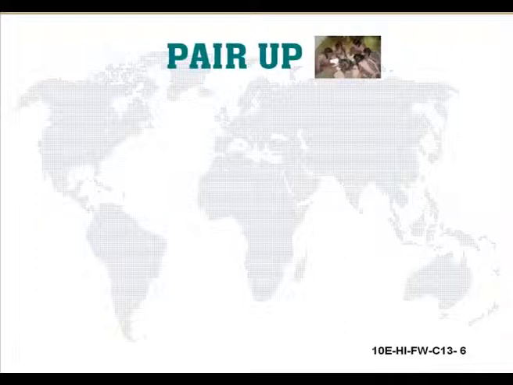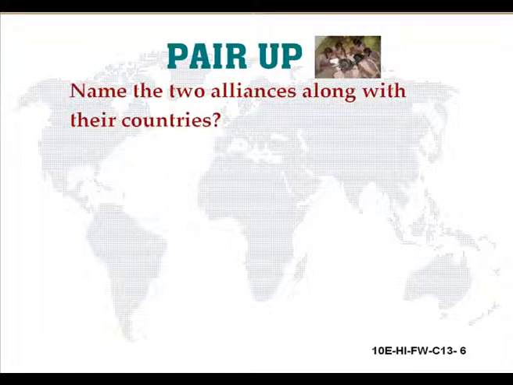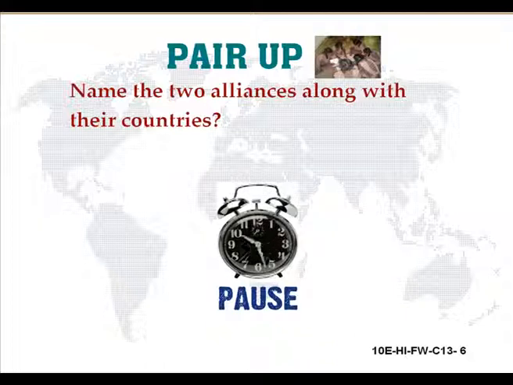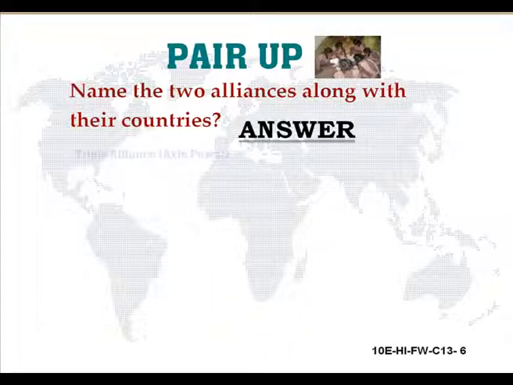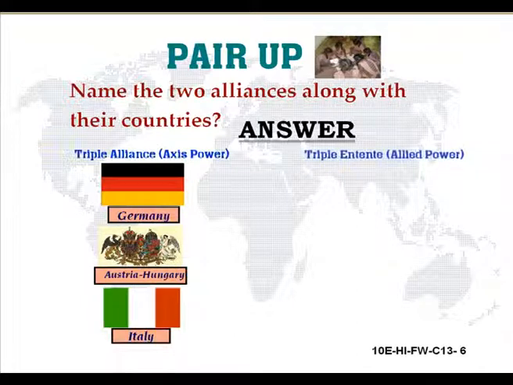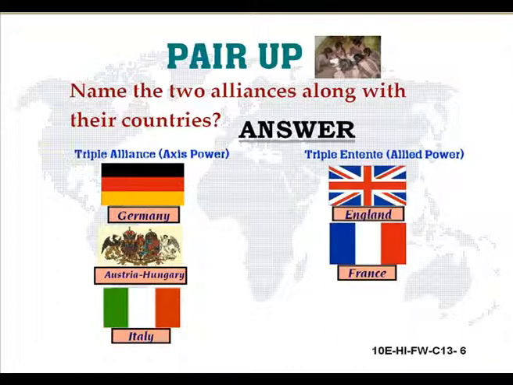Dear children, please pair up with your friend and answer the following. Name the two alliances along with their countries. Answer: Triple Alliance or Axis power comprises Germany, Austria and Hungary, and Italy. Triple Entente or Allied power comprises England, France, and Russia.